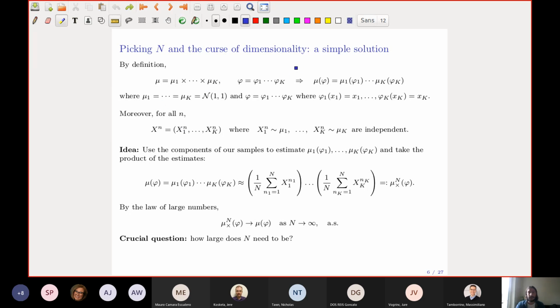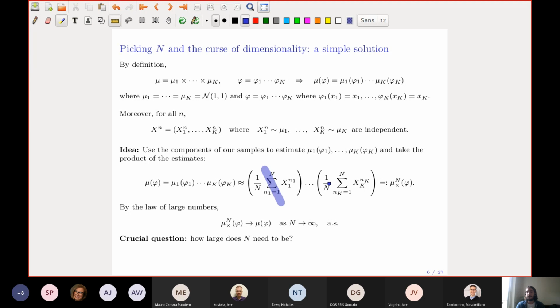So we can then just use these component-wise samples to estimate each of these integrals. So for example, this sample mean here estimates the first of the integrals, and this one estimates the last of the integrals. We compute each of these sums, we take the product, and we use that as an estimator for mu phi.